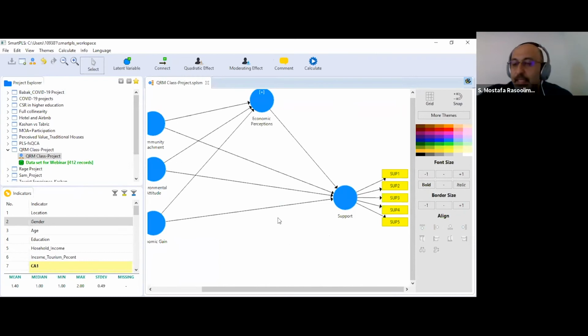Actually, this is the way that we, by applying the interaction effect approach, can assess a moderator.